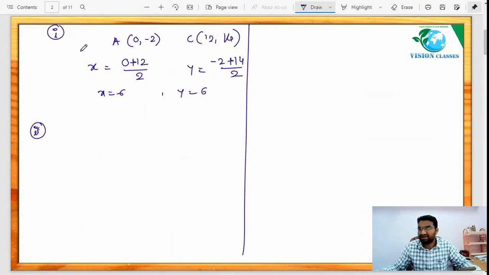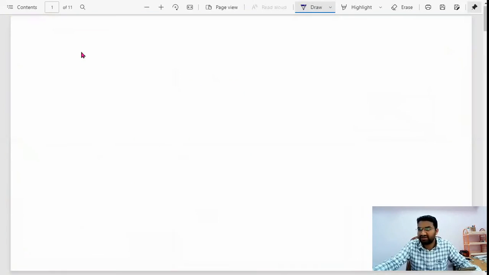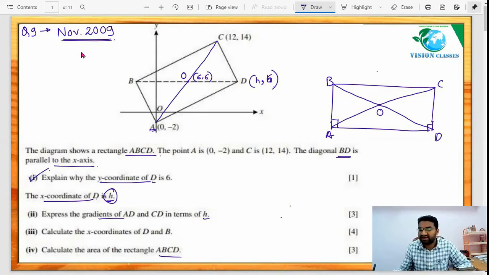The second part: express the gradient of AD and CD in terms of h.